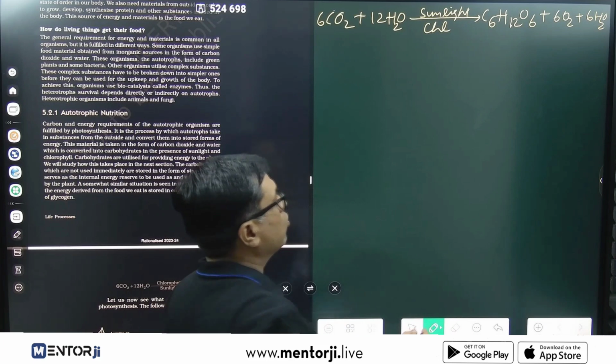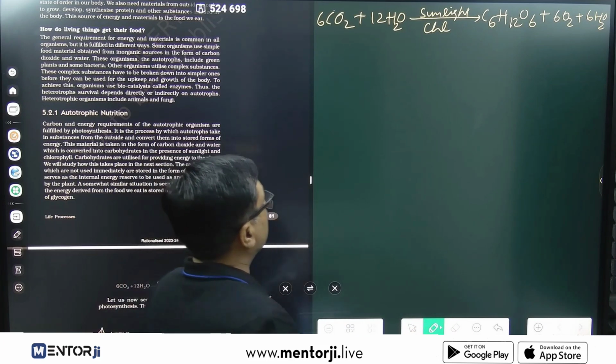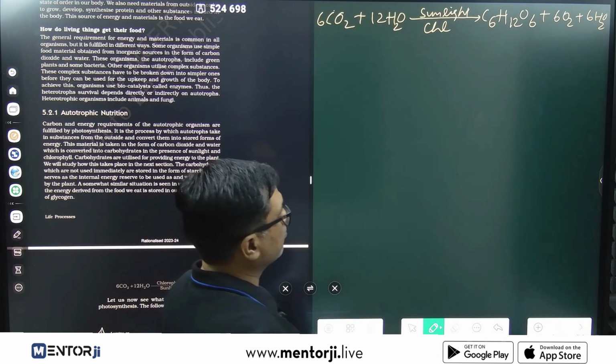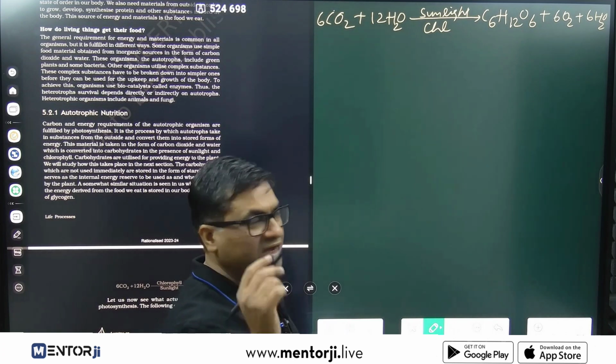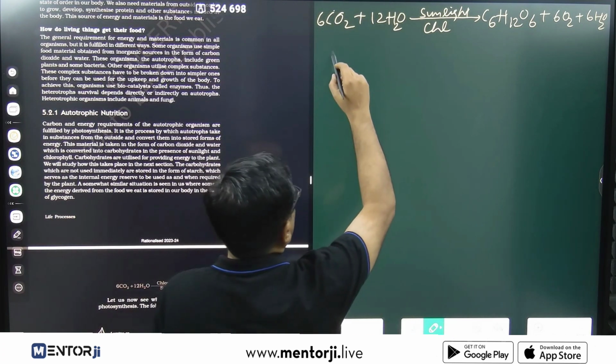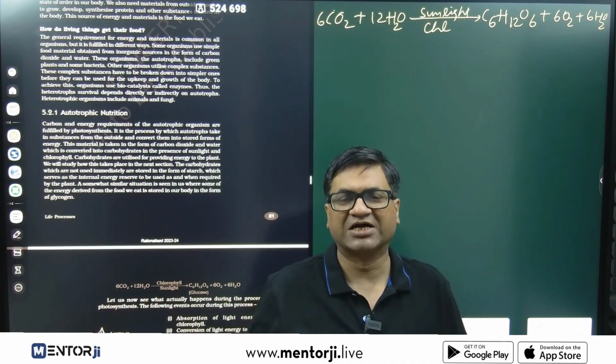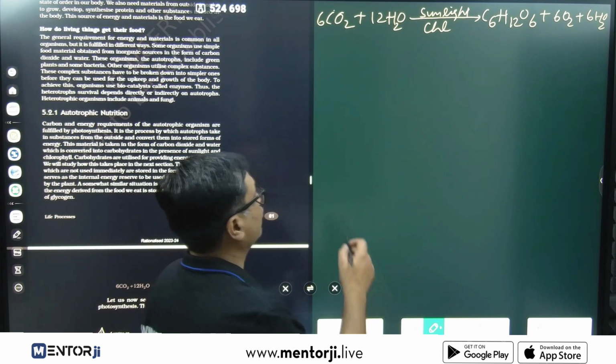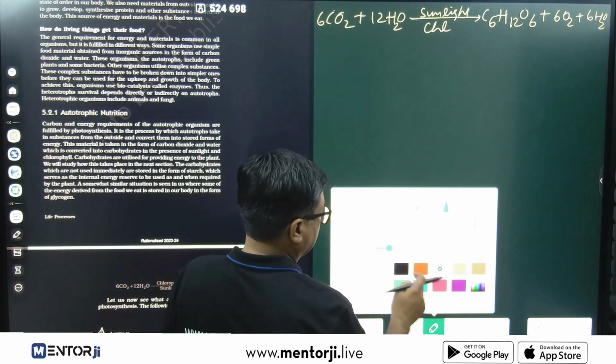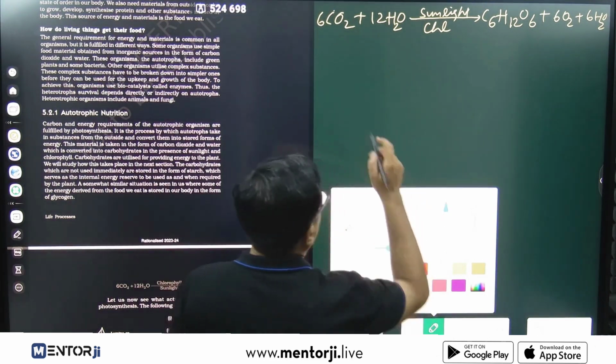So this is the overall equation, and on the basis of this equation, what can be the value points? The value points means the different questions that can be asked in 1 mark. So you have to focus a lot on each and every value point.